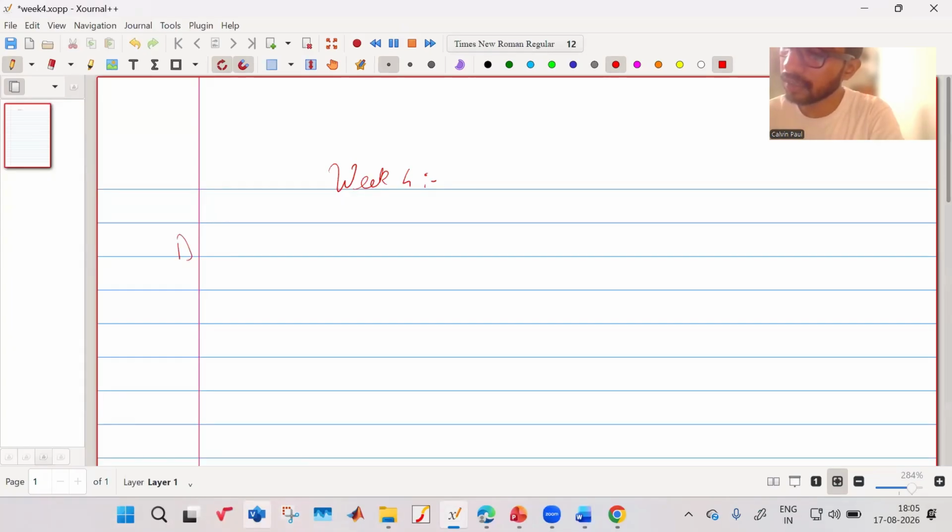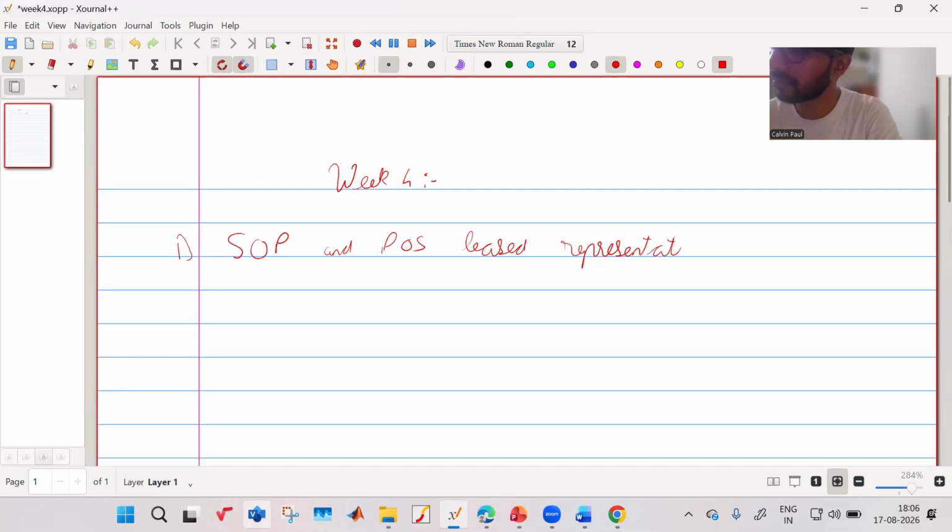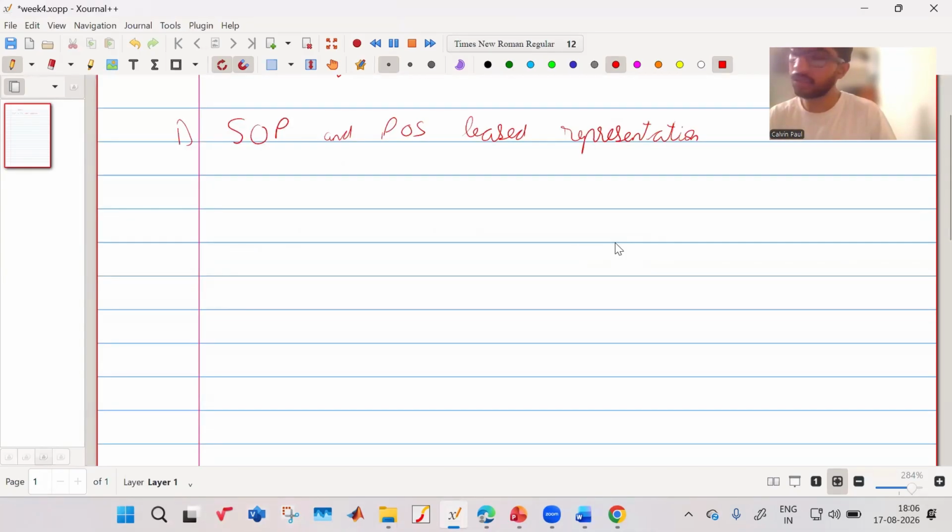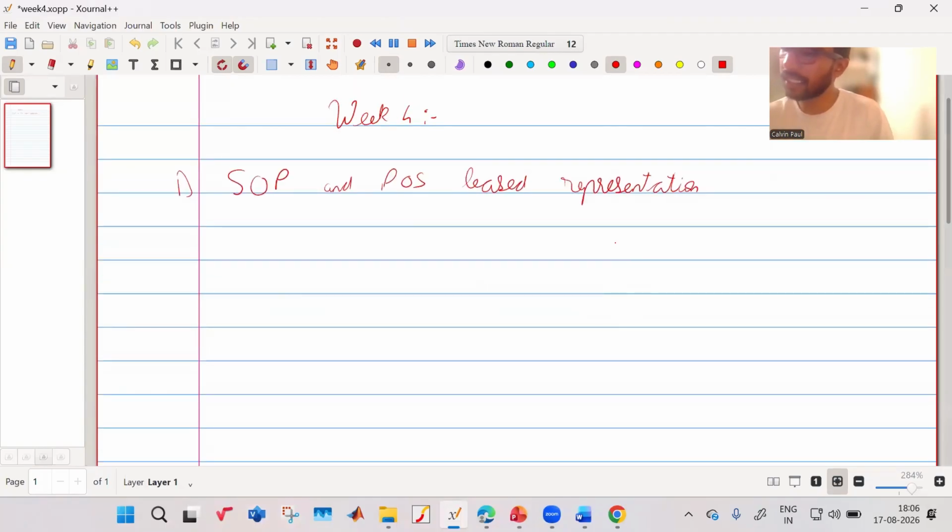This week we are doing SOP and POS based representation, which we have studied a lot of times. In an SOP based representation, it is a sum of products.